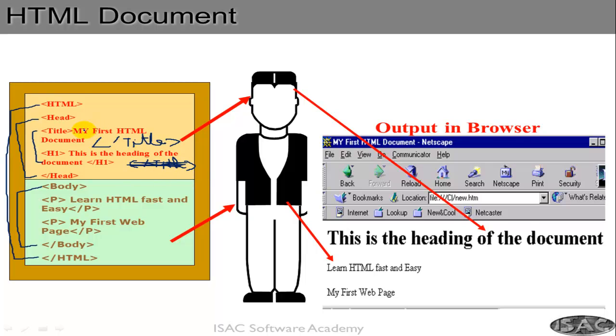So there is something called title, and then there is some text. What is the difference between this and this? This one goes to here, so my first HTML has gone to this one here. This is the heading, which has come here. Whatever you want to show here is what goes there, right?